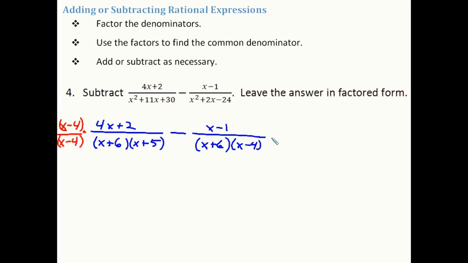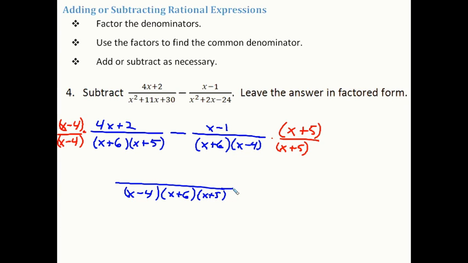The second fraction needs an x plus 5 to have a common denominator. So we're going to multiply numerator and denominator by x plus 5. Now that we've done that, we have a common denominator. Our common denominator is x minus 4 times x plus 6 times x plus 5.